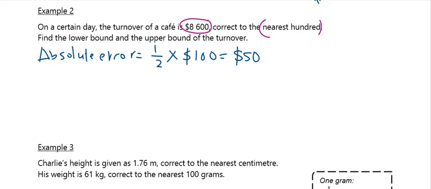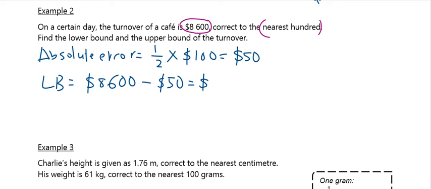So now we can count the lower bound, which is your turnover, and then subtracted by the absolute error. So your answer will be 8,600 minus 50, which is 8,550. So this is your lower bound.